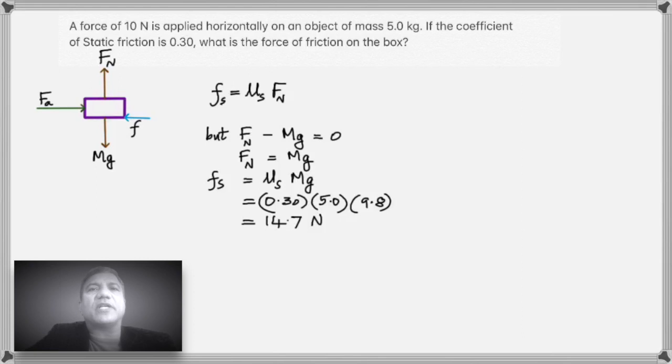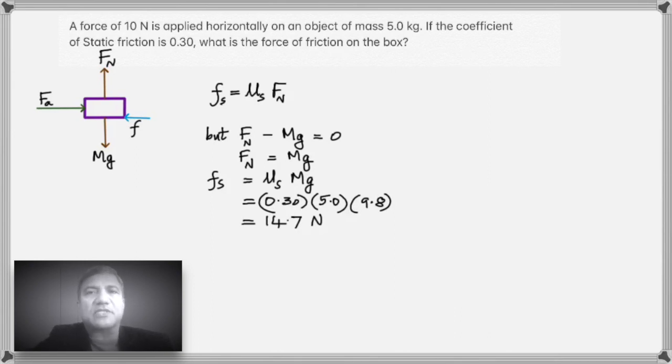But here is a very important point. Static friction can only be equal to the applied force. So in this case, the applied force is 10 Newton as given in the problem.